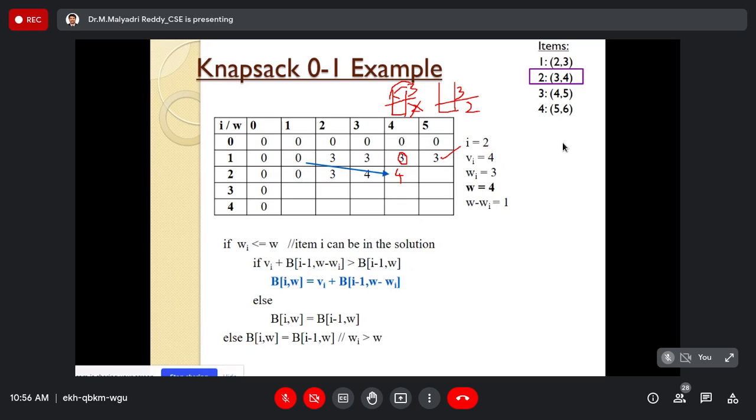Okay, sorry. ఇప్పుడు ఇక్కడ సెకండ్ ఆబ్జెక్ట్ కూడా కెనబుల్ ఇంక్లూడ్. So 3 plus 4, 7 sir. అంతేనా? అవును sir.